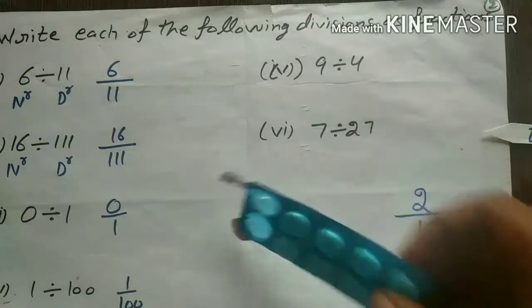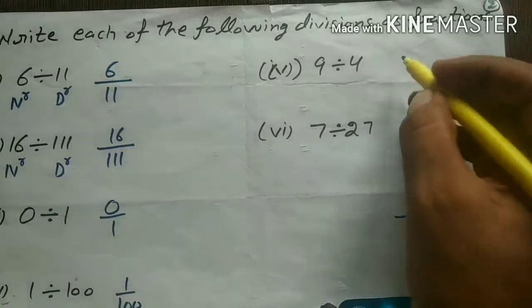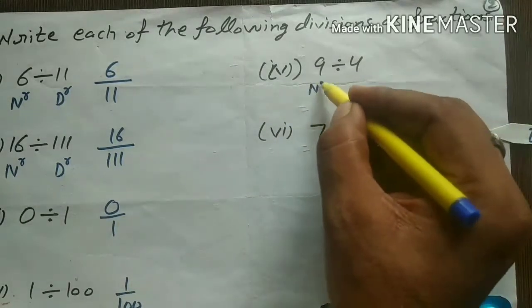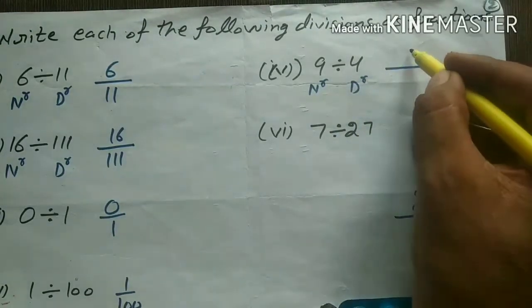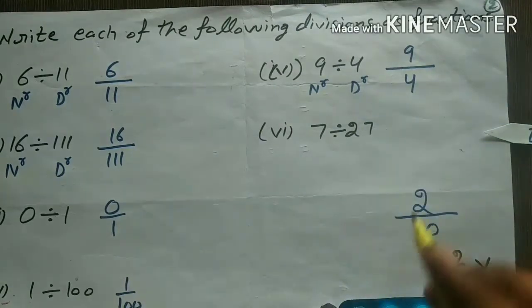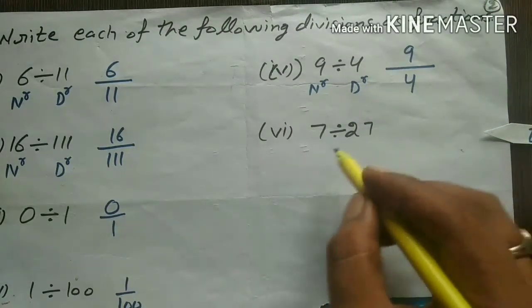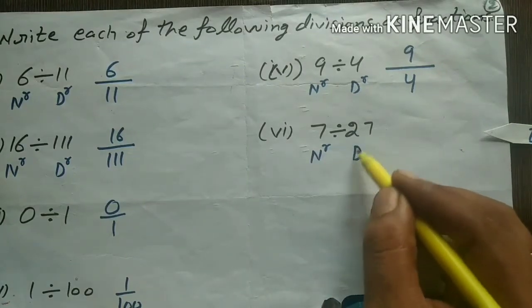Now we come to the next question. Here 9 divided by 4. So you will write 9 is numerator and 4 is denominator. So this is the division bar and here 9 and here 4. Now 7 divided by 27. This is numerator, this is denominator.